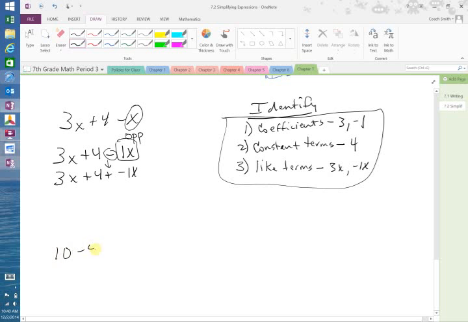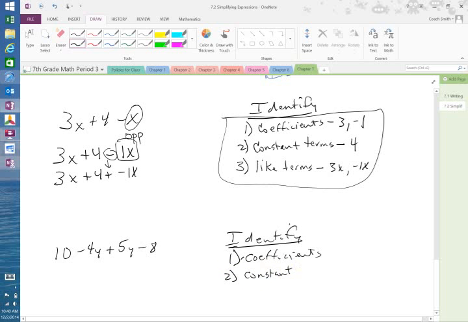10 minus 4y plus 5y minus 8. I want you to identify 1, the coefficients, 2, the constant, and 3, the like terms.